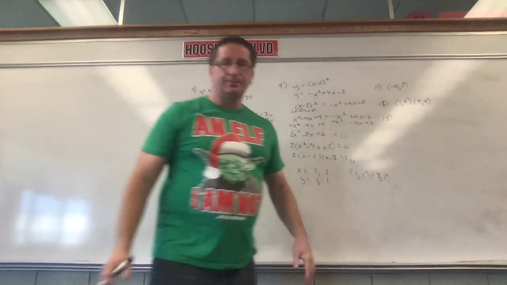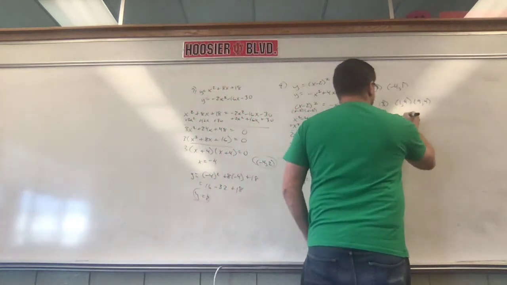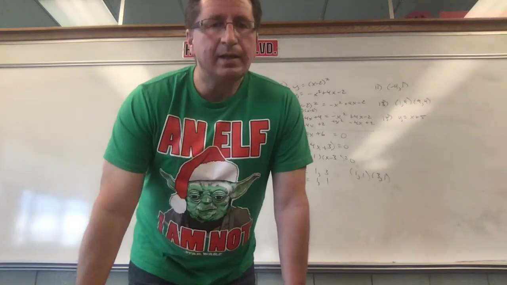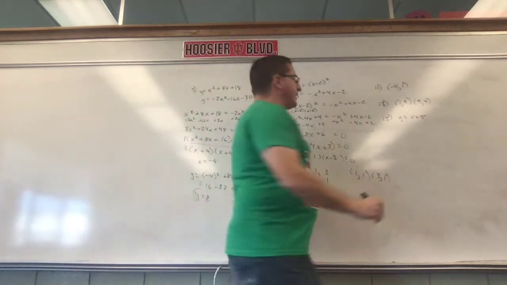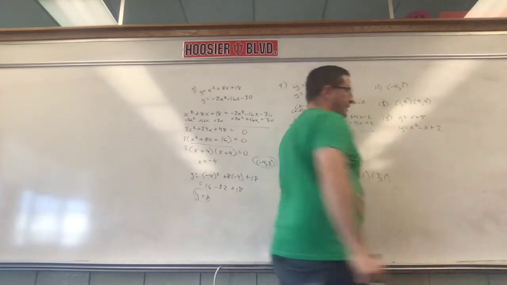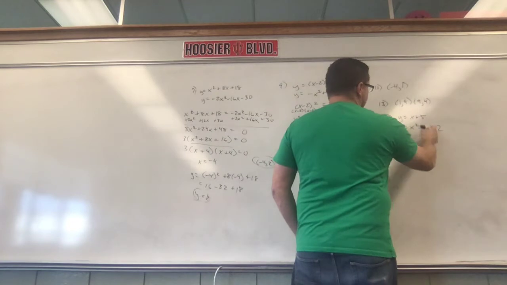Number 15. We have y equals x plus 5 and y equals x squared minus x plus 2. Again, if y equals this and y equals that, this equals that.